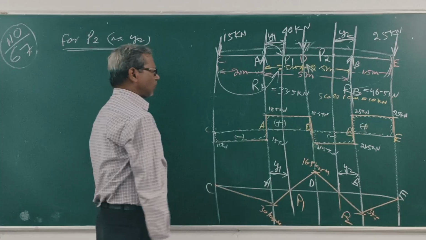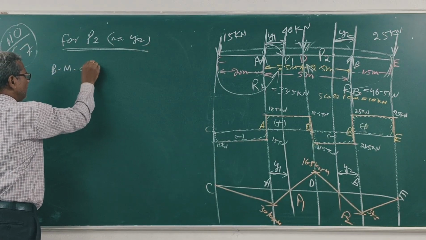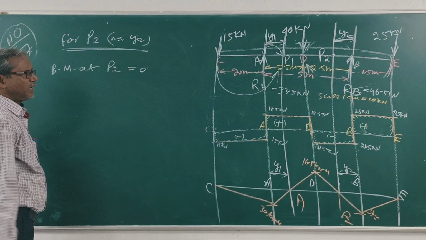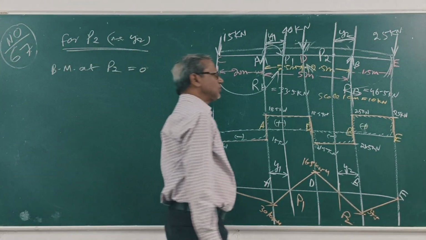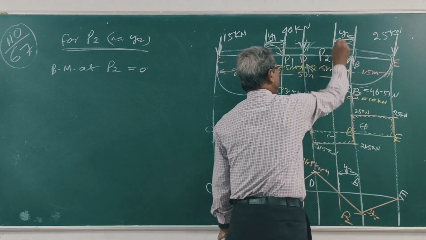For calculating y2, BM at P2 is equal to 0. Now this minus this is 0.